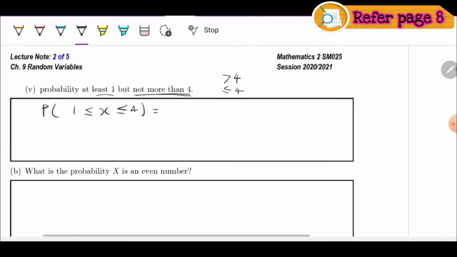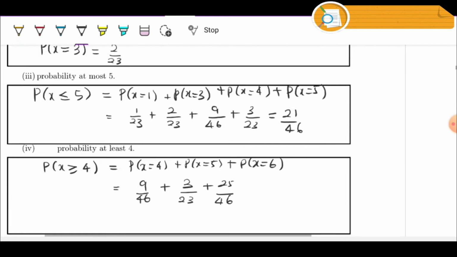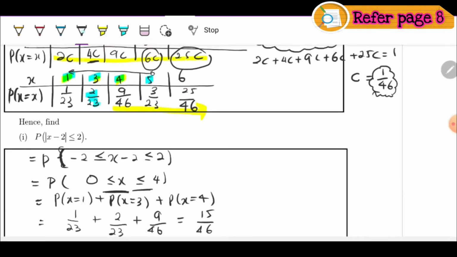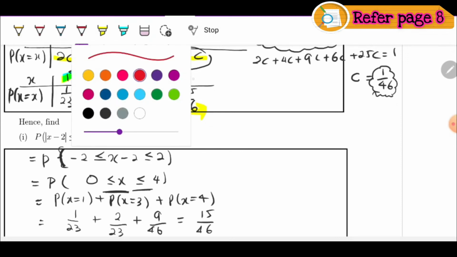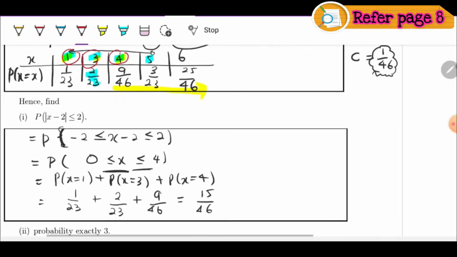So to find the probability x greater than or equal to 1 and less than or equal to 4, look at the table. We can take the values 1, 3, and 4.